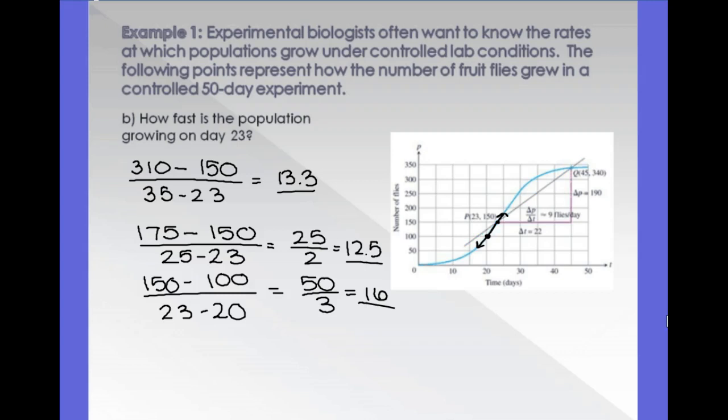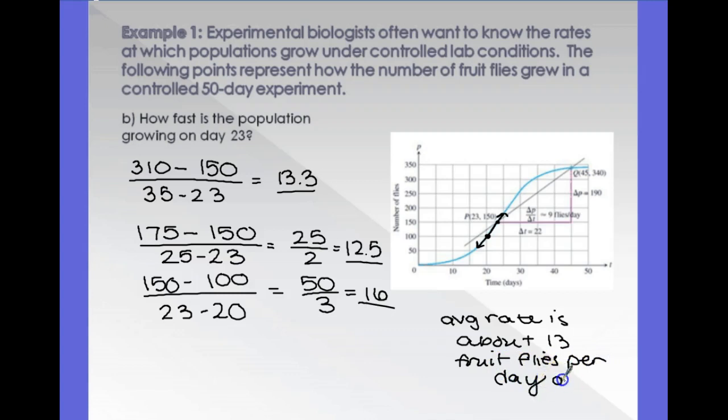So I would say our average rate of change of fruit flies is probably about 13, because again, we can't have half a fruit fly per day on the 23rd day.